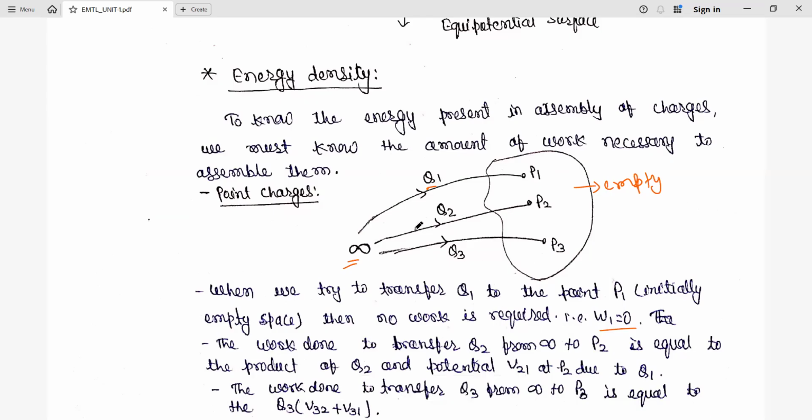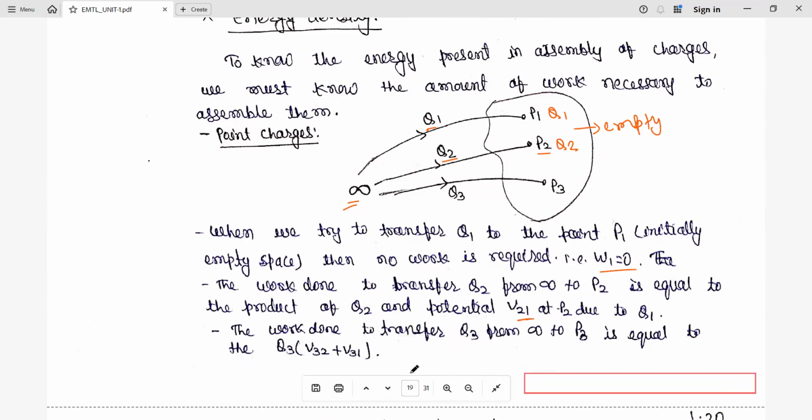Now, once we try to bring the charge Q2 from infinity to the point P2, since it already has charge Q1, Q1 is going to produce some effect on this. So we have to calculate the potential due to charge Q1 on charge Q2. That potential is represented here by V21.